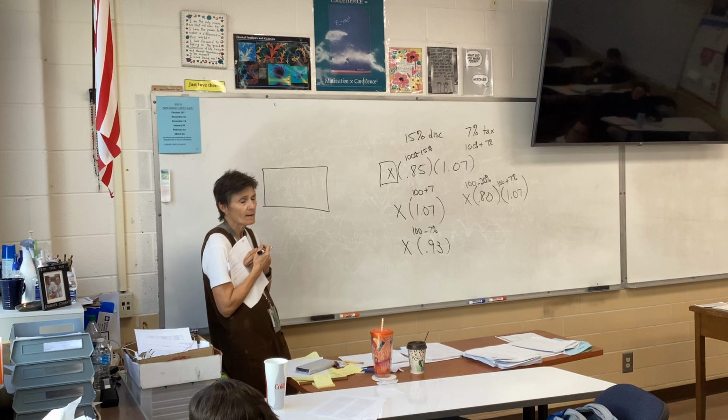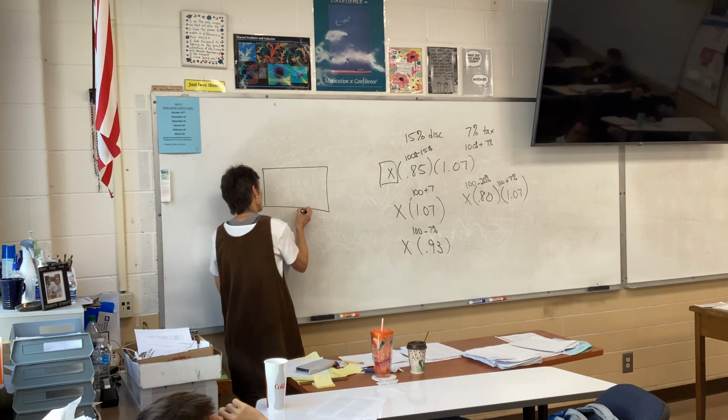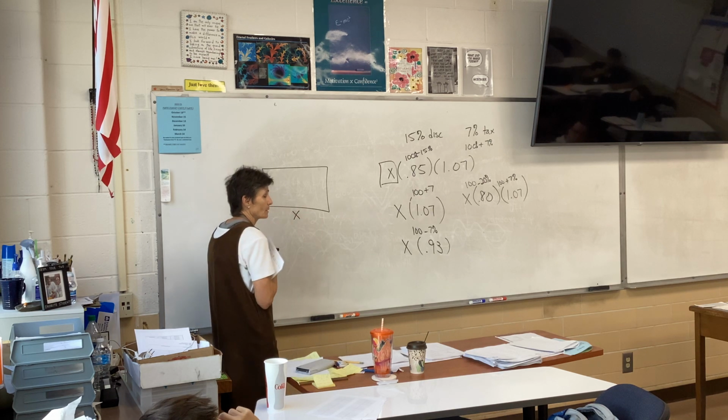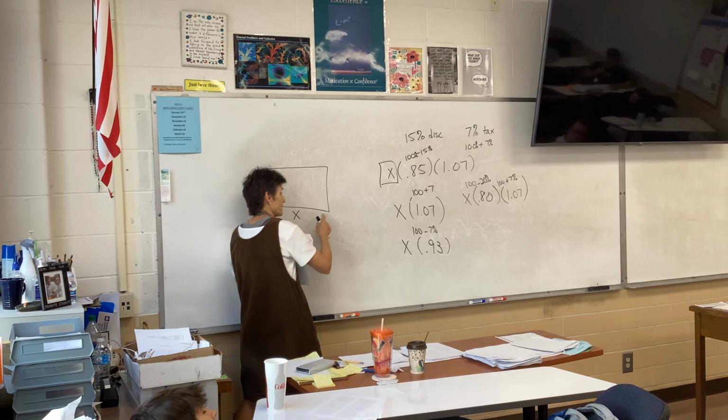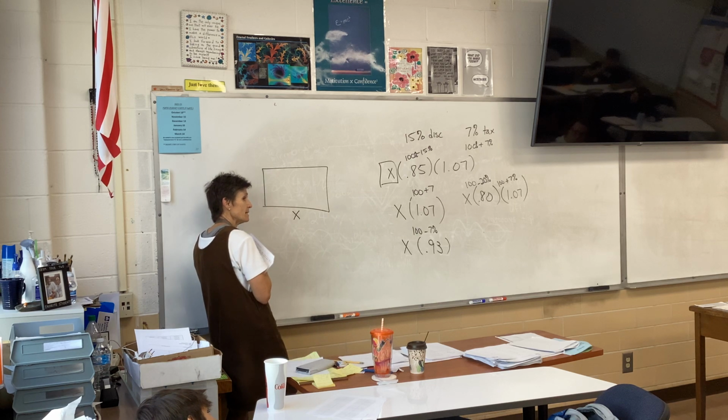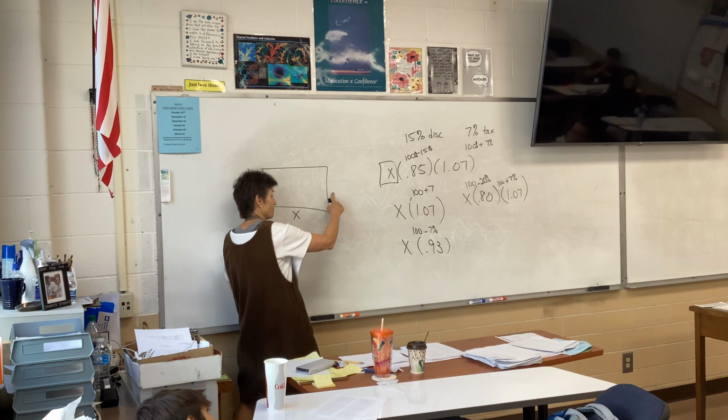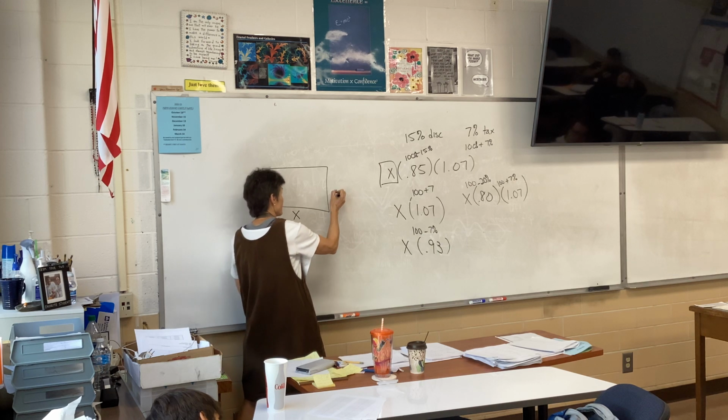Any thoughts on that? Well, if I called the length X, what would the width be? If the width is 3 less than the length, what is 3 less than X? X minus 3.